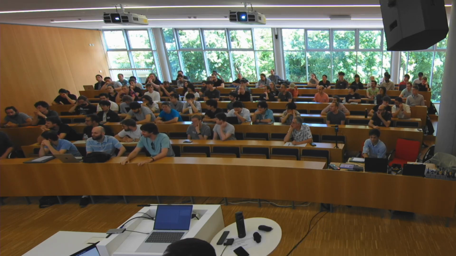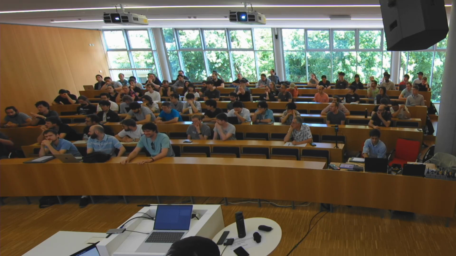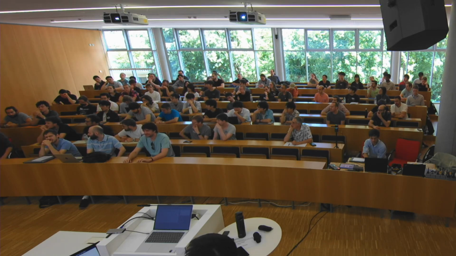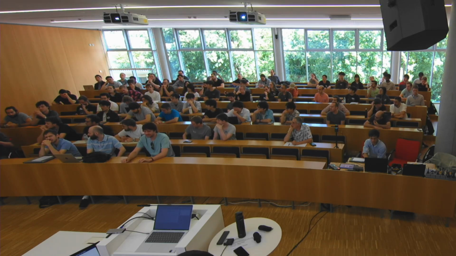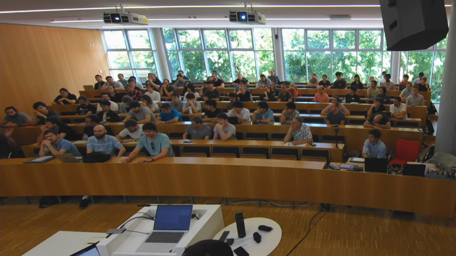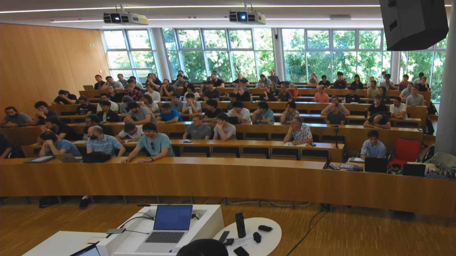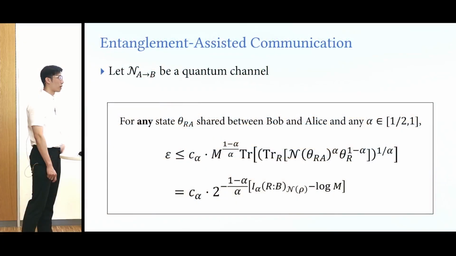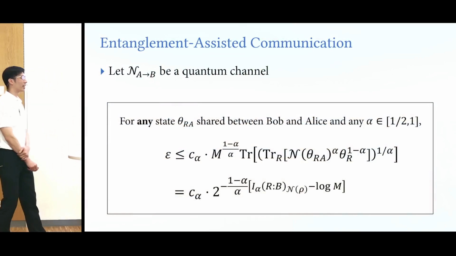Okay, so if I understand correctly, you get this by analyzing this fuzzy Holevo-Helstrom measurement. So you go away from the pretty good measurement. Yes. Does that do anything good for multi-user? We don't know yet.